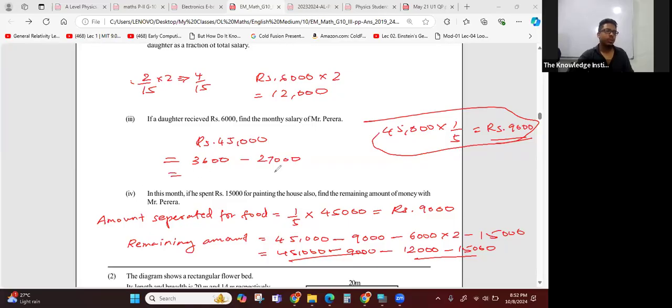So 36 minus 27 is 9, so 9,000 rupees is the remaining balance. I hope you all got the same answer. So the remaining balance is 9,000.